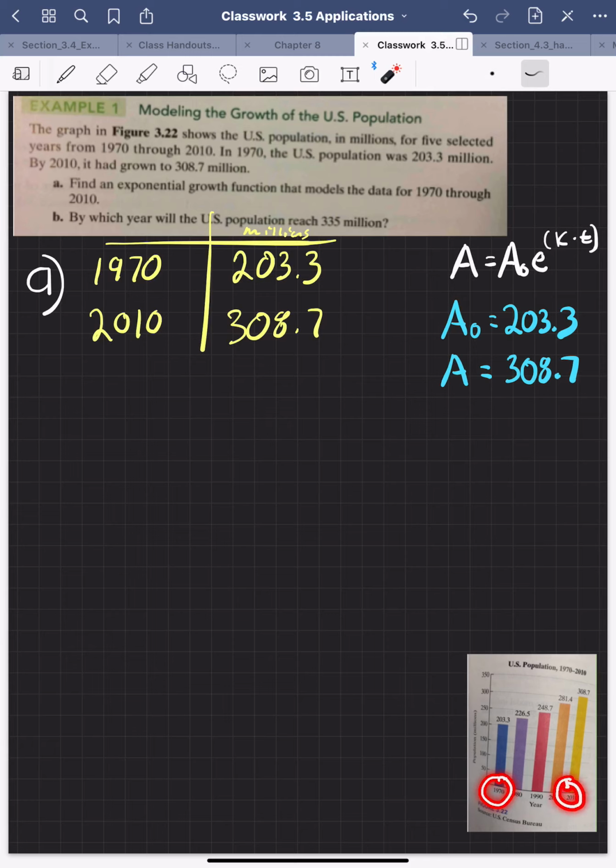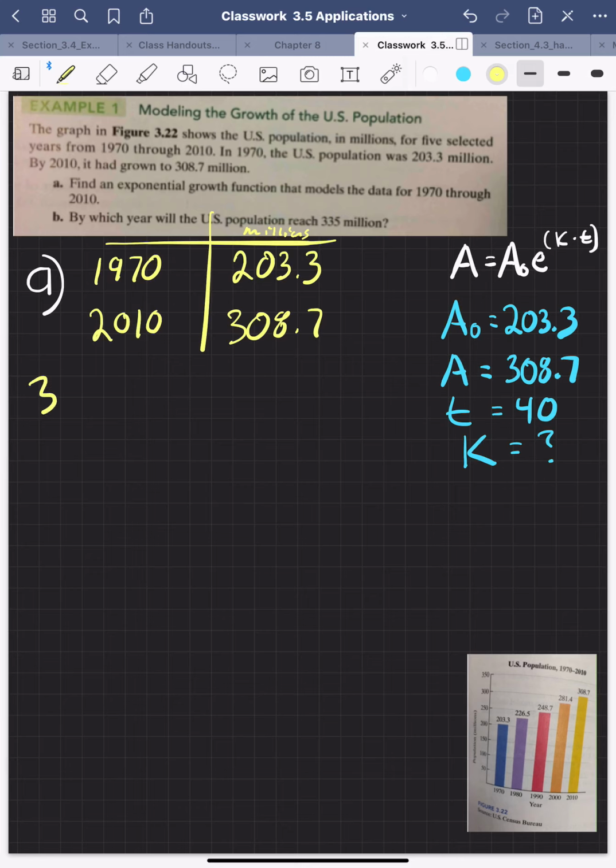So in this case, t would be equal to 40. What we don't have in this problem is k. We don't know the growth rate of the US population over that period. But let's start to plug in the information we have.